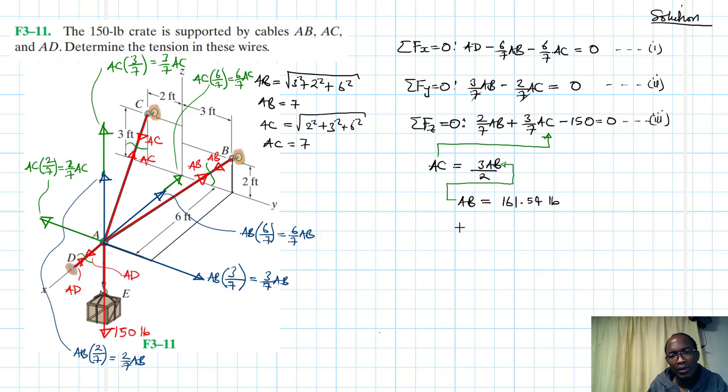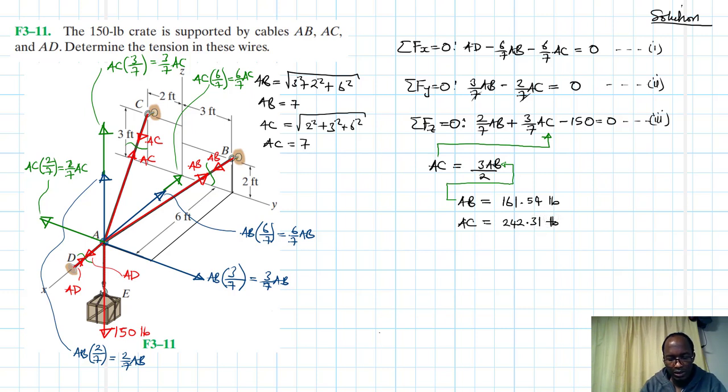Okay, then we have AC is just equal to that times 3 over 2. So this just becomes 242.331.